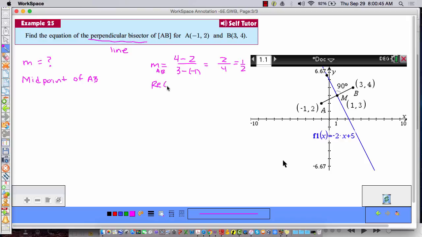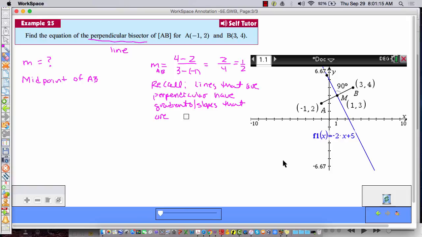Now I need you to recall, lines that are perpendicular have gradients or slopes that are opposite reciprocals.